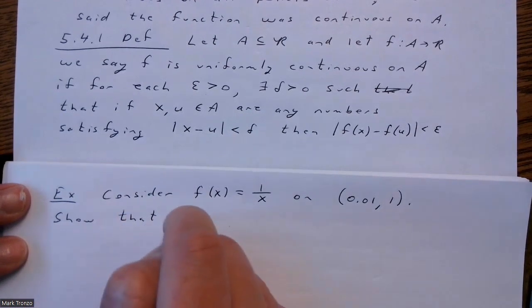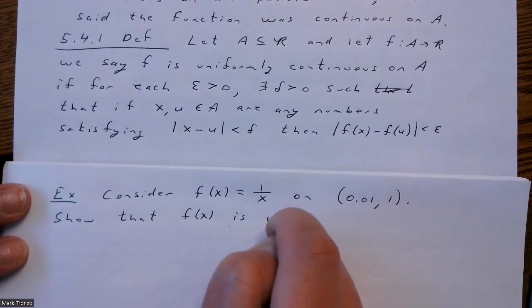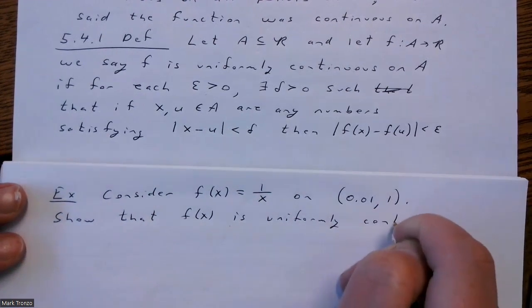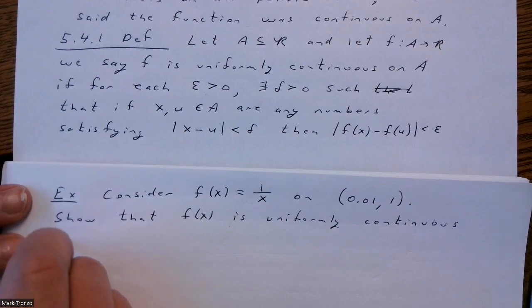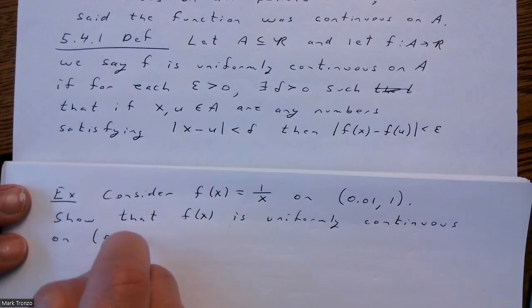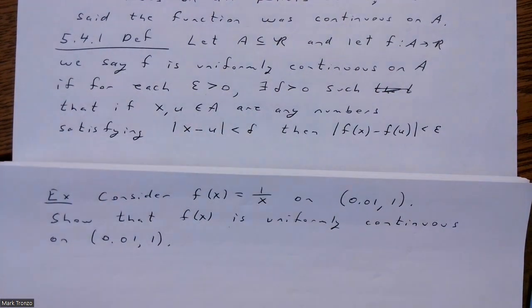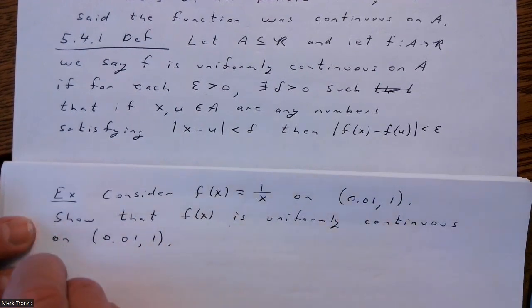Show that f of x is uniformly continuous on this set. Now again, you're given an epsilon, and it has to work for any point in this interval. So keep that in mind.